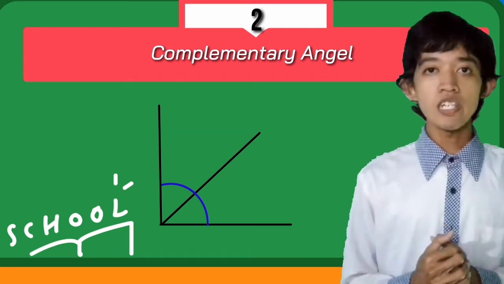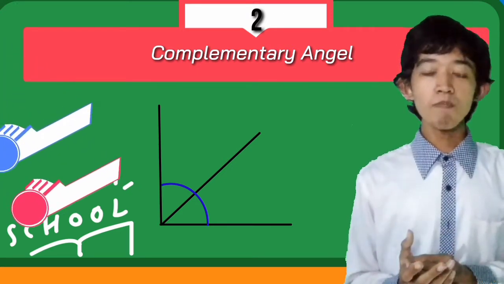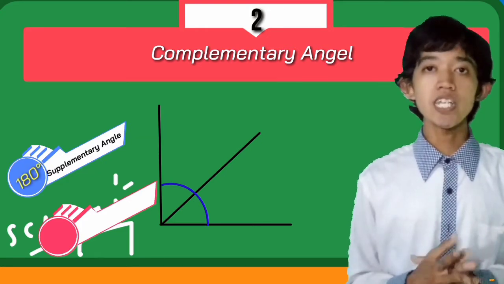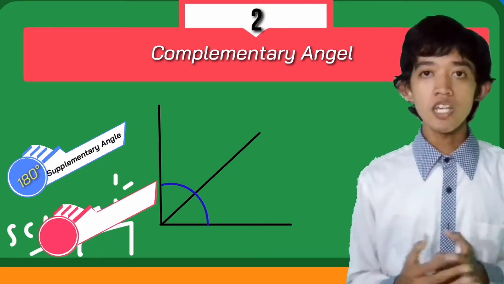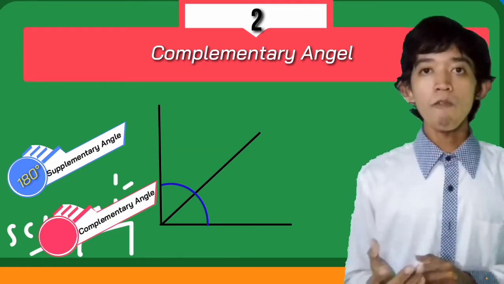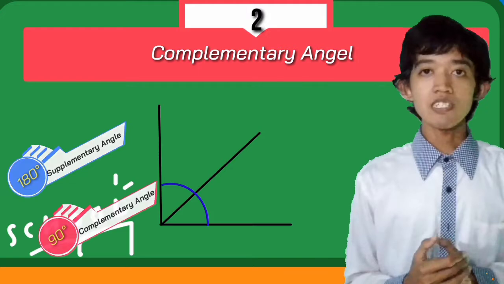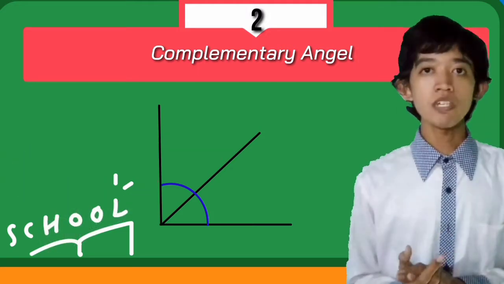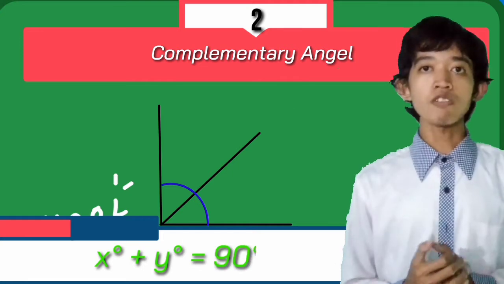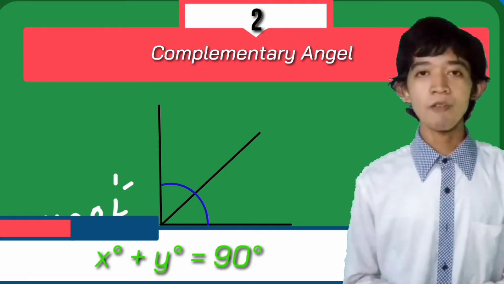The difference is if supplementary angles, the angles form 180 degrees. Then, if complementary angles, the angles form 90 degrees. The basic concept is x degrees plus y degrees equals 90 degrees.